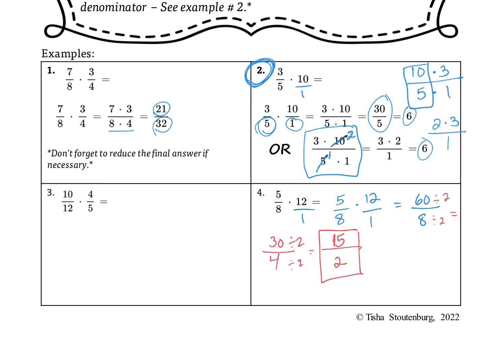But instead of doing your reducing at the end, this is what cross canceling allows us to do. Cross cancel allows us to essentially reduce before we multiply. And again, we're dealing with multiplication and division, so the order doesn't in this particular case matter because we're going to do both anyway. So I know both 12 and 8 are divisible by 4. So if I divide 8 by 4, I'm going to get 2.